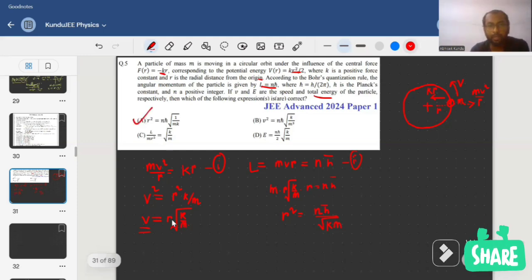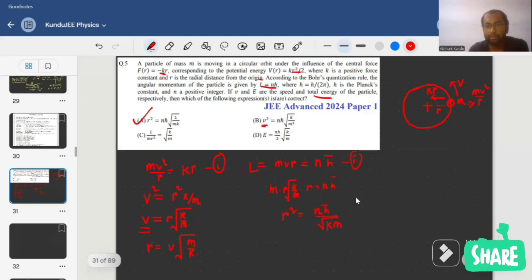Similarly, if we substitute r in this equation, we'll find the v square. Now we'll check whether this option is correct or not. From the first equation we can write that r is equal to v root over m by k.